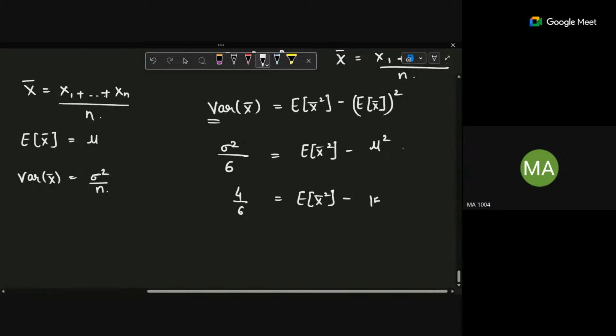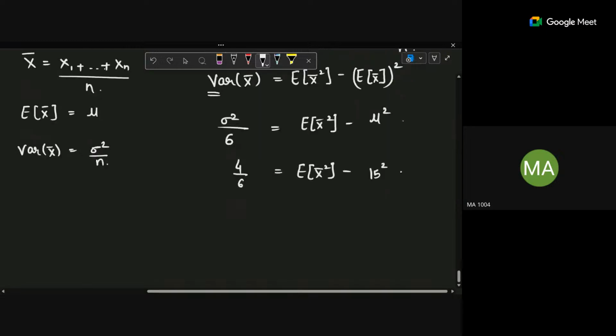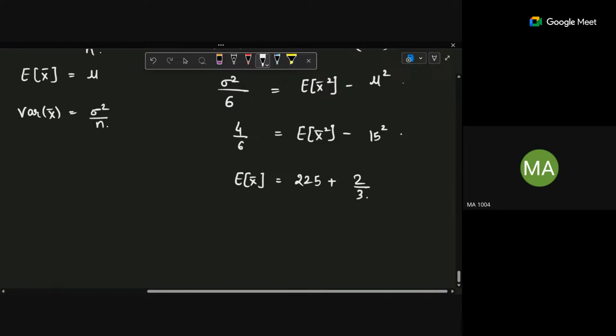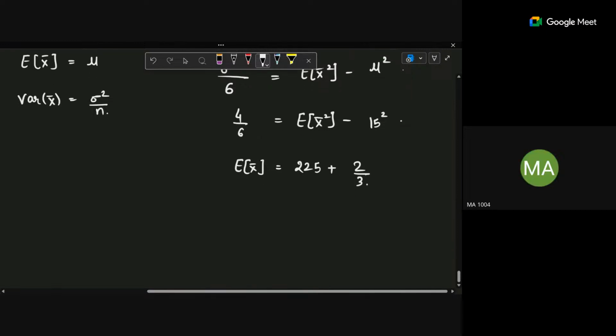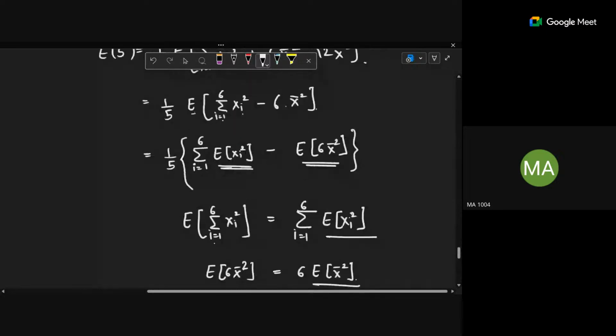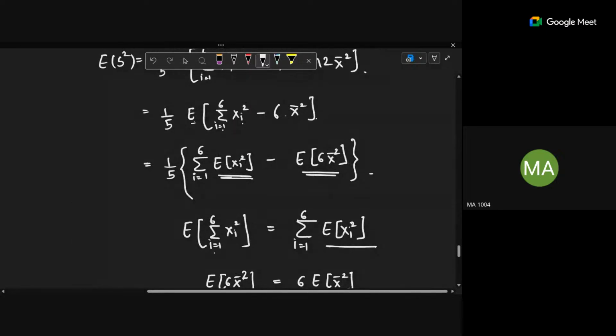So expectation of x bar square is equal to 225 plus 2 by 3, right? Okay, just hold on to this position. We will put all these values in this, let's say, equation number 2.